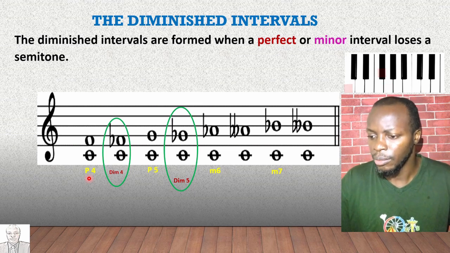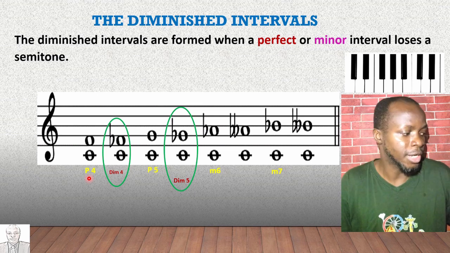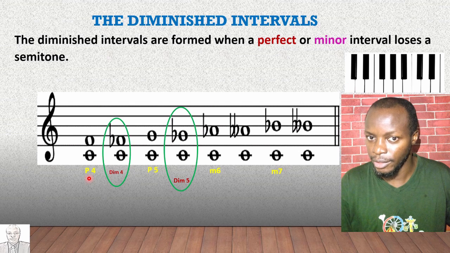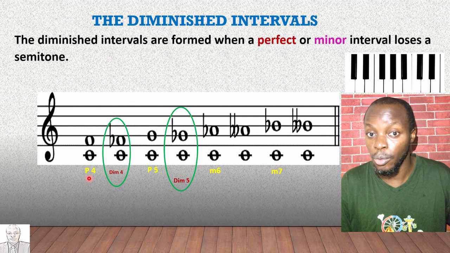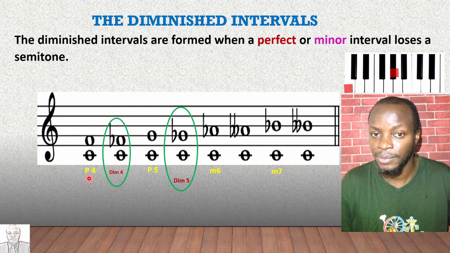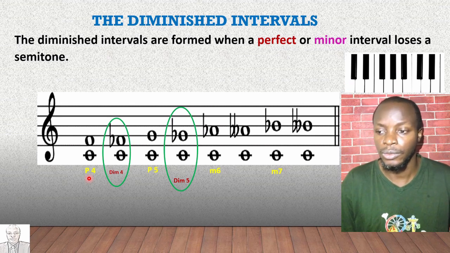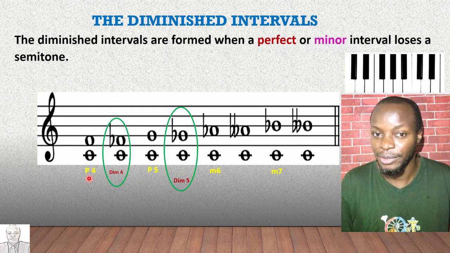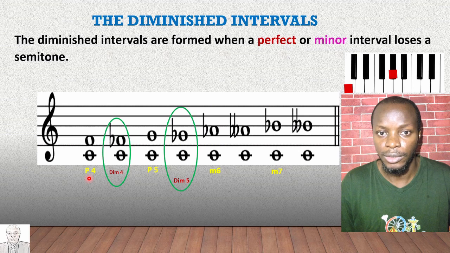Okay. Now let's talk about minor sixth. Now this is a minor sixth, right? That's a minor sixth. This is a major sixth. Do, la, but this is la, do, la, right? That's a minor sixth, right?